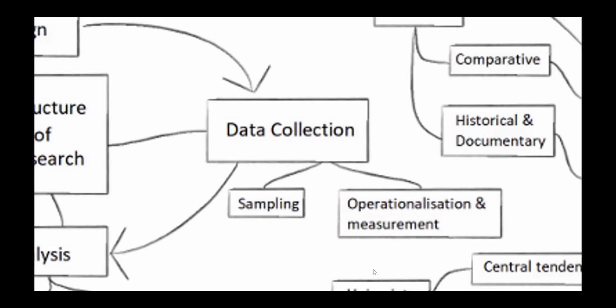The other thing we're going to learn about under data collection, which we've mentioned already, is ideas like operationalization and measurement. So how do we actually measure, how do you measure class? I mean, that's an example. How do you measure social class, right? Do you just measure income? But what about wealth? Okay, well, yeah, wealth.